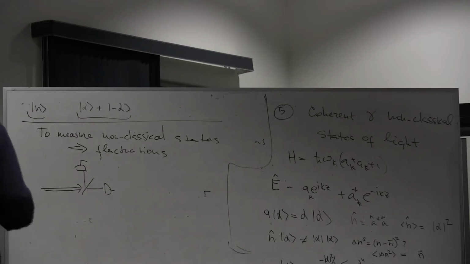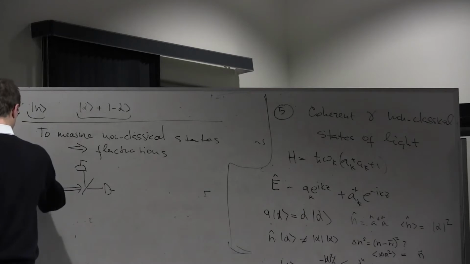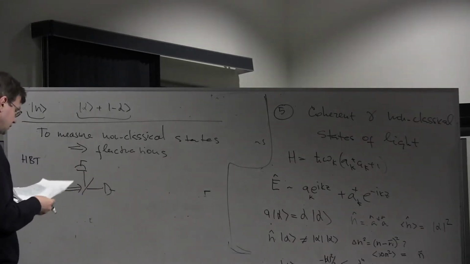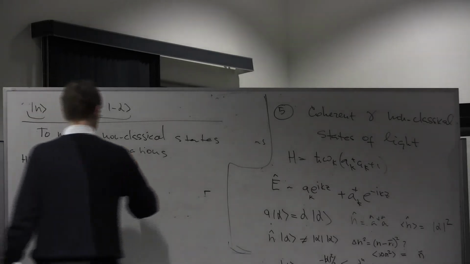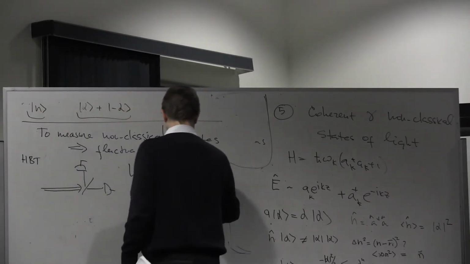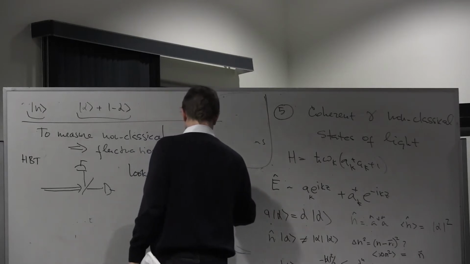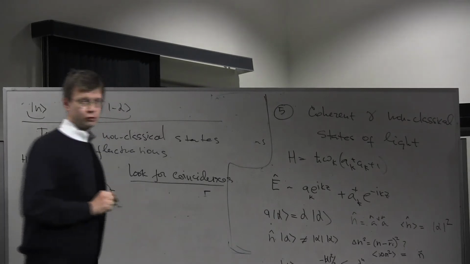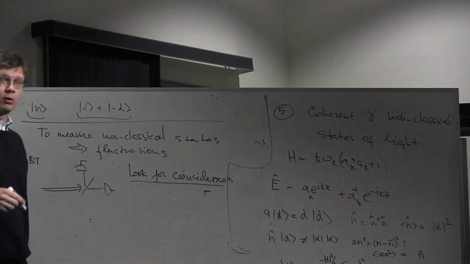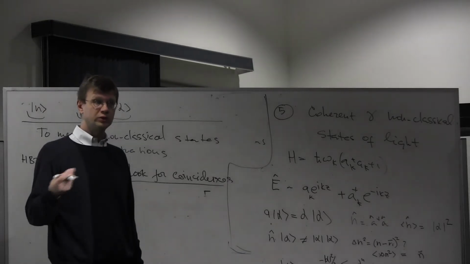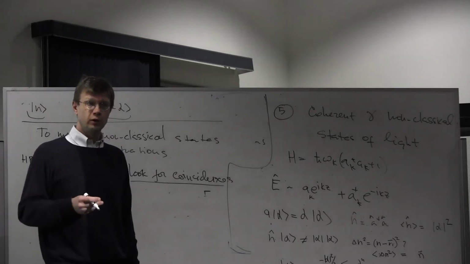So the so-called Hanbury Brown-Twiss setup, where you look for coincidences, is a method of choice for many situations where you would like to, for example, distinguish single photon states from the coherent state.